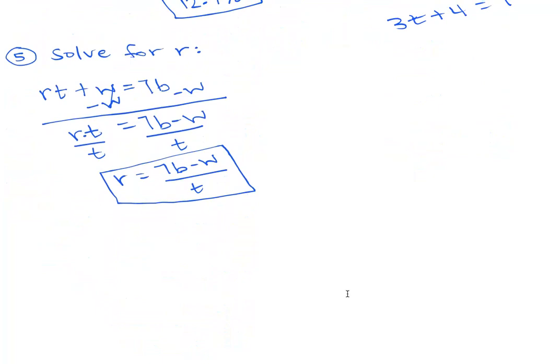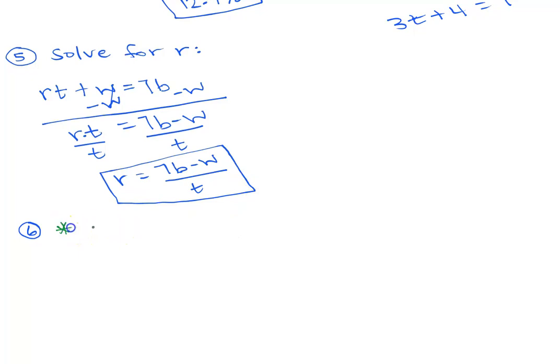All right, let's get into some of the absolute value stuff because that tends to be where we have some questions. So with absolute value, when you're solving absolute value equations, I want you to remember that you're always going to have two answers.